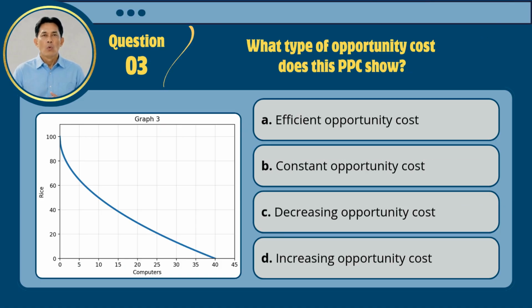Question number 3. What type of opportunity cost does this PPC show? A. Efficient opportunity cost. B. Constant opportunity cost. C. Decreasing opportunity cost. D. Increasing opportunity cost. This curve is bowed inward toward the origin. Think about whether the amount given up becomes smaller or larger.